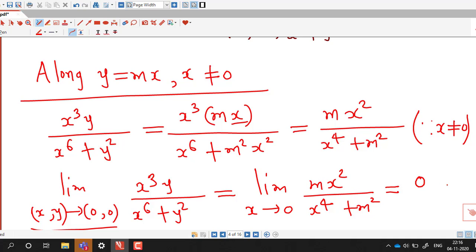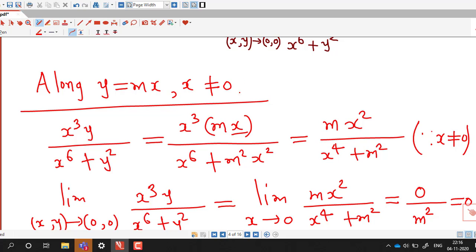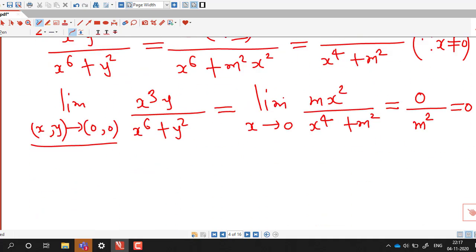So if we put x equal to 0, we are left with 0 over m square, which is 0. This shows that limit is 0. Here of course we should mention that m is non-zero. So limit is 0 along all possible lines passing through origin.